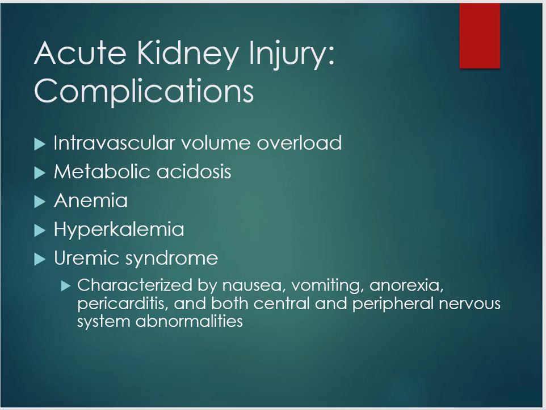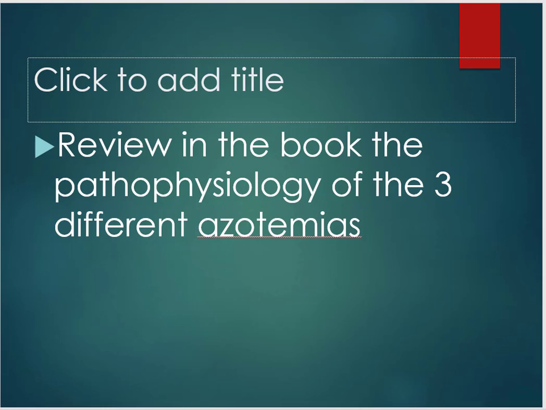Some complications of an acute kidney injury include intravascular volume overload, metabolic acidosis, anemia, hyperkalemia, and uremic syndrome.